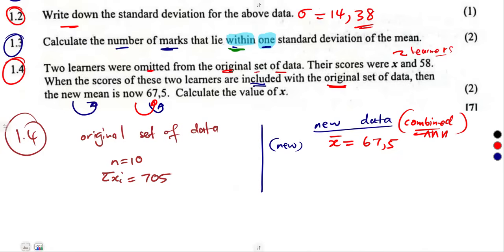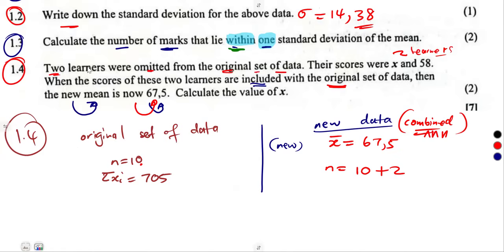But this new mean, where was it taken from? When all of them are combined, the 10 that were originally given and those two learners that were now added, because remember they were omitted before. So on the new set of data, our n is going to be 10 plus 2. Remember there were 10 learners before.